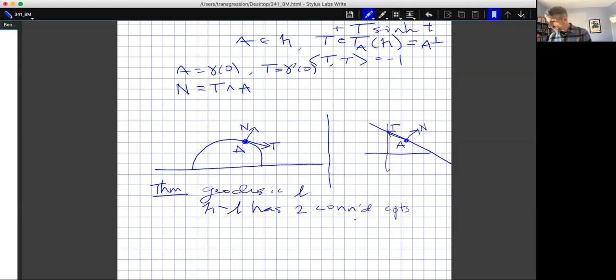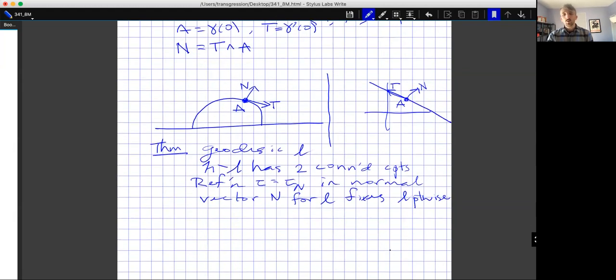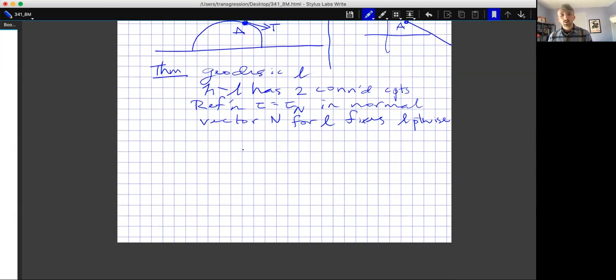And the reflection tau, and by this I mean reflection along the normal vector n for L, will fix L pointwise and, moreover, interchanges the two connected components.